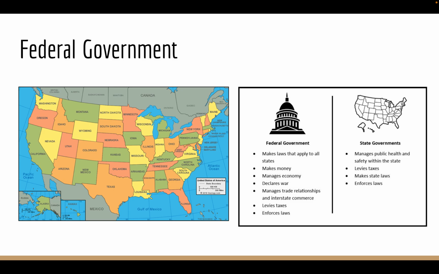On the other hand, each individual state or local government, depending on what the country that has a federal system calls them, is able to manage its own public health and safety. They can tax, they make state laws, they enforce laws. And if there is a conflict, according to our Constitution and the supremacy clause found in Article 6, we have to follow the federal law.